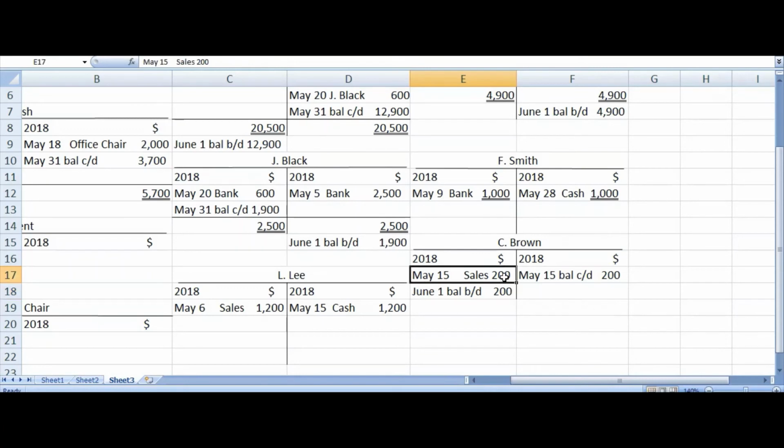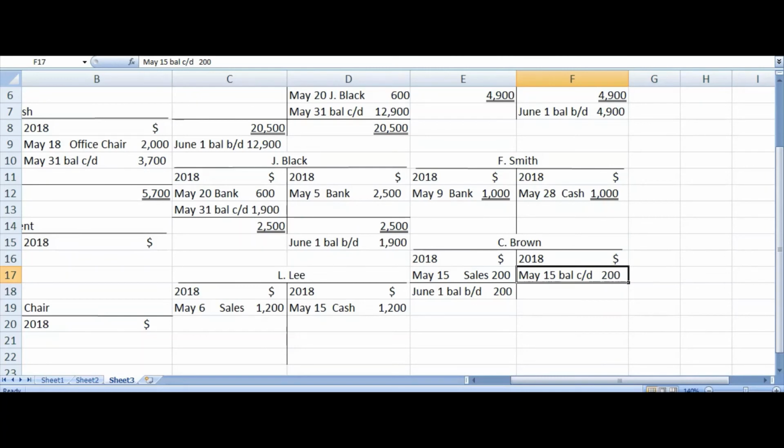So once we do that, we underline here, underline, then we double line to show that the account is now balanced.